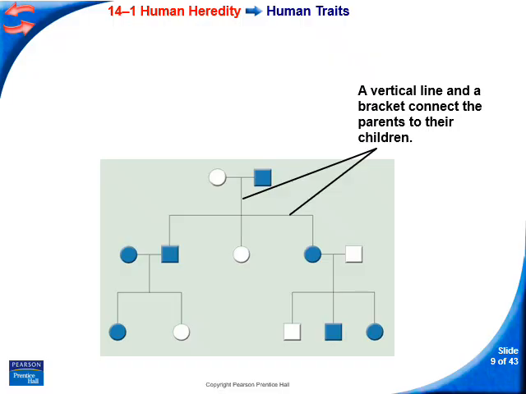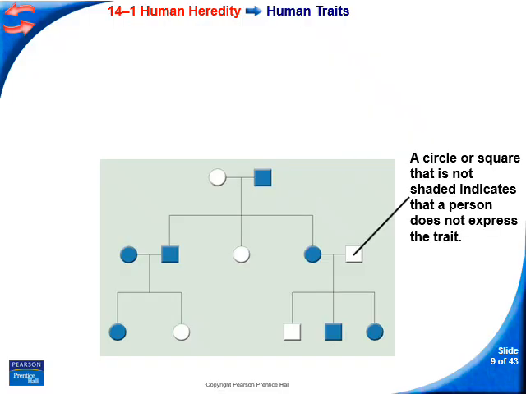The vertical line connects to the children, and all of these children, the horizontal lines are all connected to each other, and that means they are siblings. And these two are their parents.